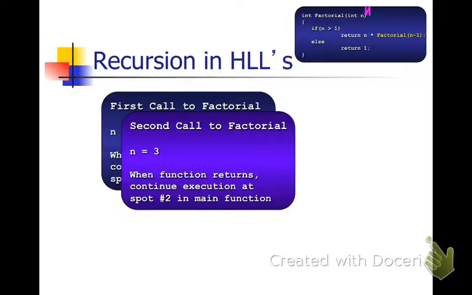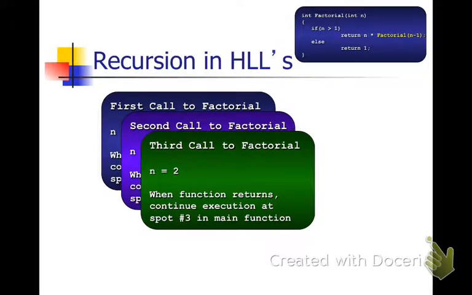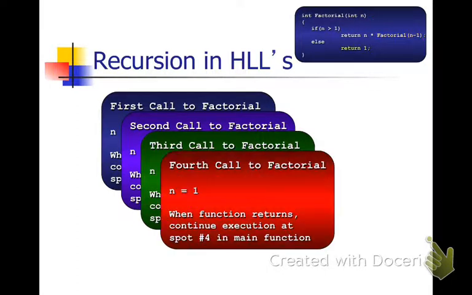Again, 3 is greater than 1, so I'm going to execute this again, calling the function again, passing this time 2, and so on. 2 is still greater than 1, so we execute this one more time, this time passing n minus 1.